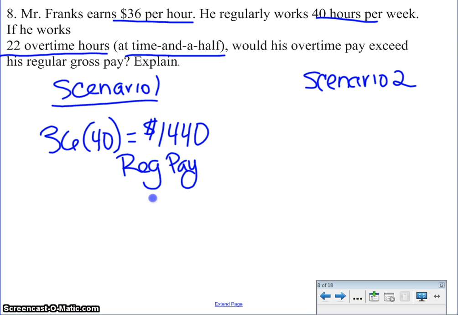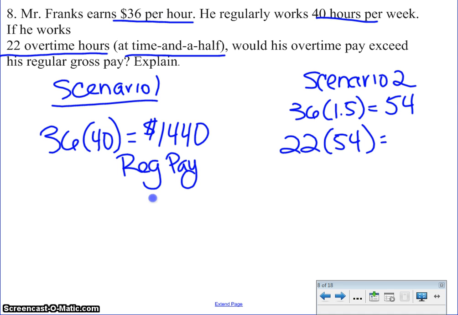Now we've got to go ahead and find out what his overtime rate would be. Well, it's $36 times 1.5, which gives an overtime rate of $54. It says he worked 22 hours overtime at $54 an hour, and that totals out at $1,188.